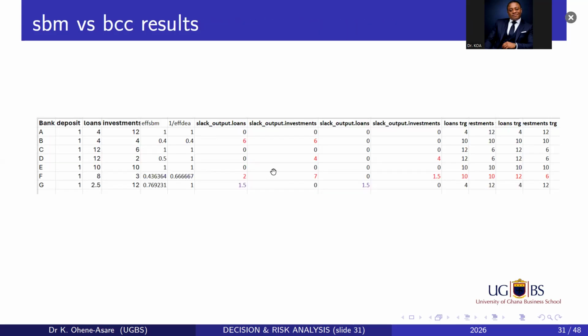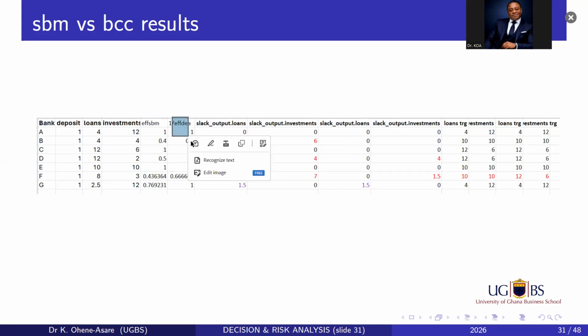These are the slacks. I have highlighted the slacks in red. By the way, the first one is always the SBM, and the second one is always the DEA. So when you check the efficiency score, you will see that the first one here is SBM, the second one here is DEA.